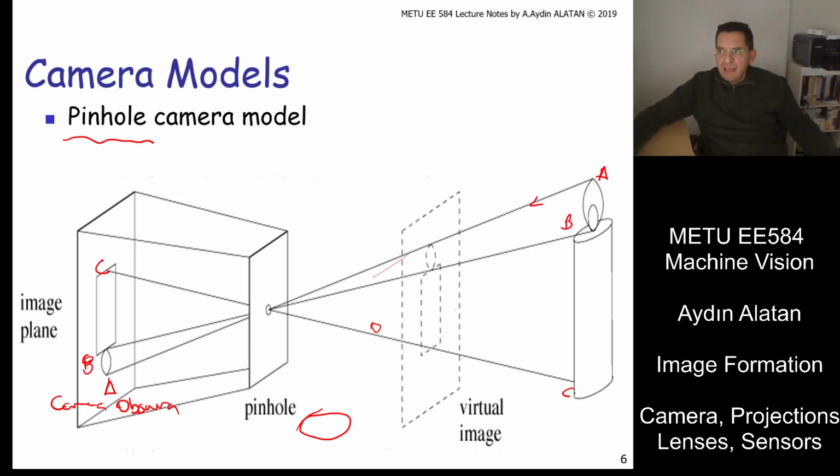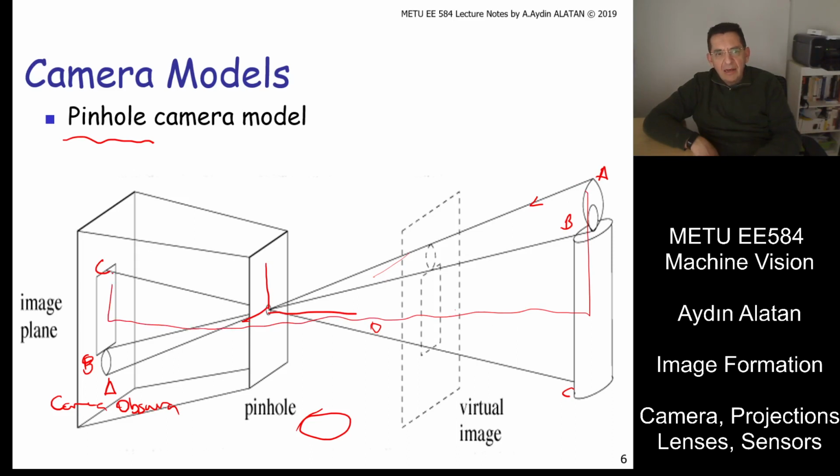Therefore, as you can see, assuming that light is propagating in a single direction, we will assume that the reverse replica of the scene will be obtained. And obviously, by using very simple trigonometry, using some equal triangles here and here, these angles are equal to each other.